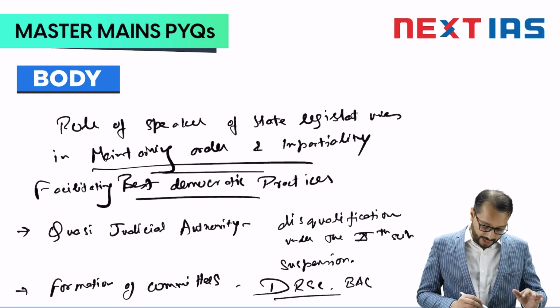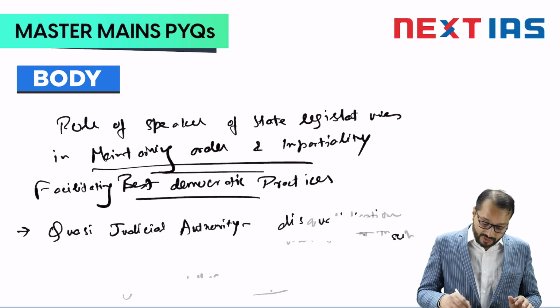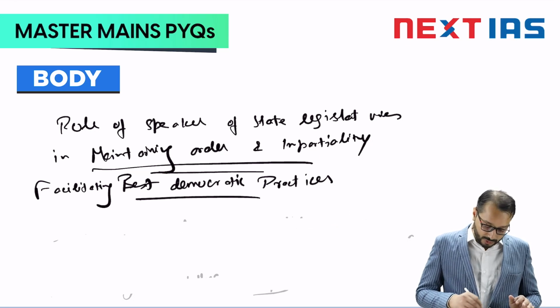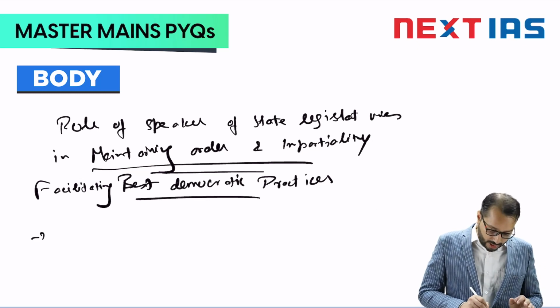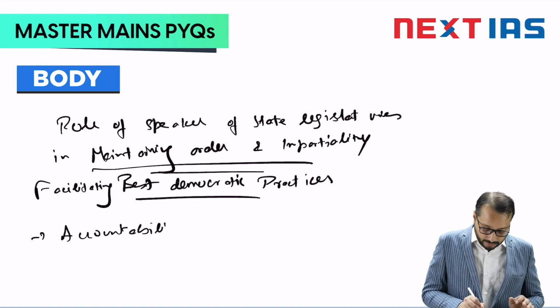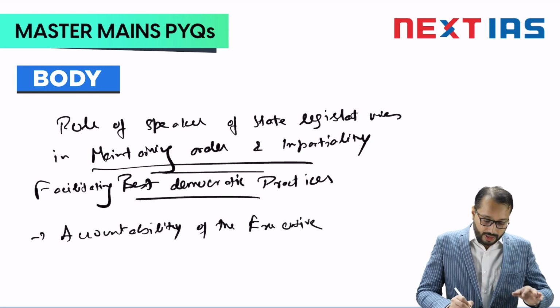Moving on to the next point that you can highlight, you can talk about accountability of the executive, right? So accountability of the executive is one important aspect that the speaker upholds. We will write accountability of the executive, right?